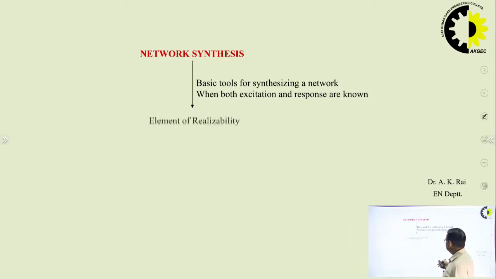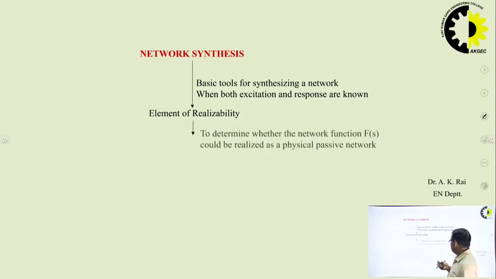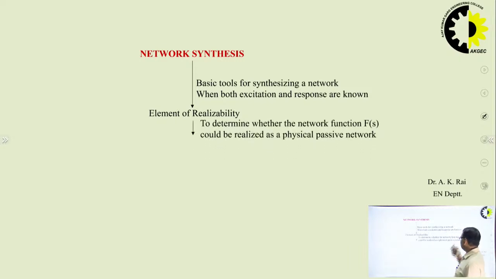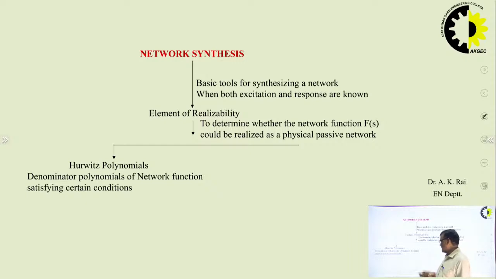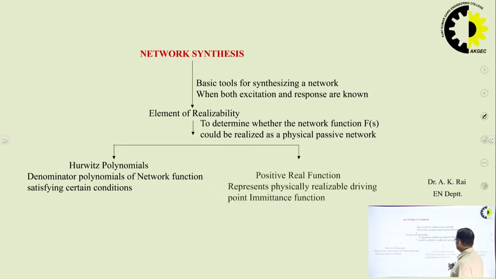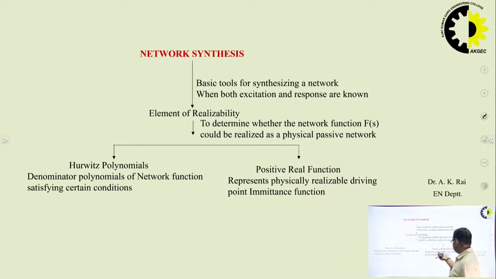They are called elements of realizability, to determine whether the network function could be realized as a physical passive network. First is the Hurwitz polynomial. What is a Hurwitz polynomial? It is a denominator polynomial of a network function satisfying certain conditions. The other one is the PRF. It represents physically realizable driving point immittance functions.